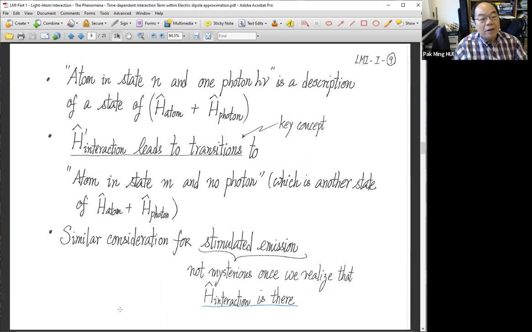So, take home message, the second one: it is the interaction term that leads to transitions. And the description, to be fair, of a state should include both the atom description and the light part description.